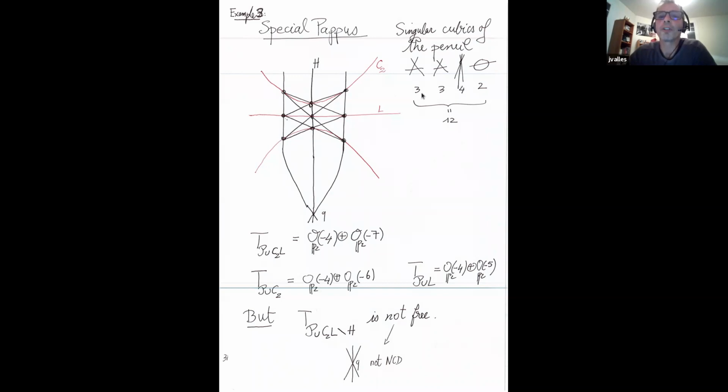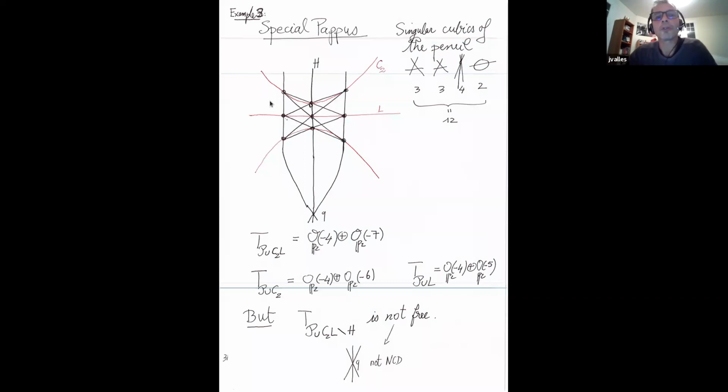So the contribution to the singularity, instead of being 3, is 4, and so it misses a singular curve of degree 2 in order to get 12. And this last one is given by a conic and a line. Here is a line and here is a conic.